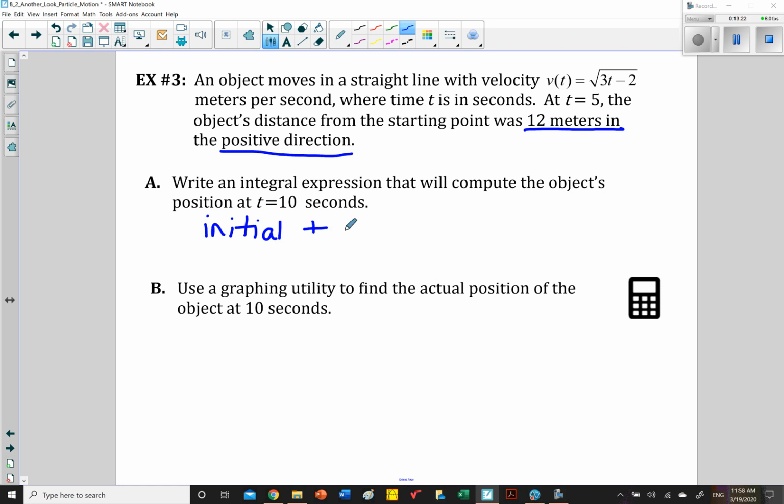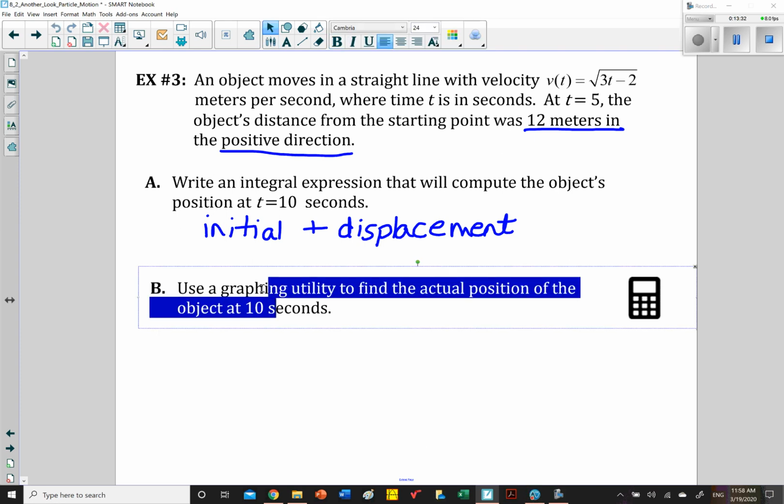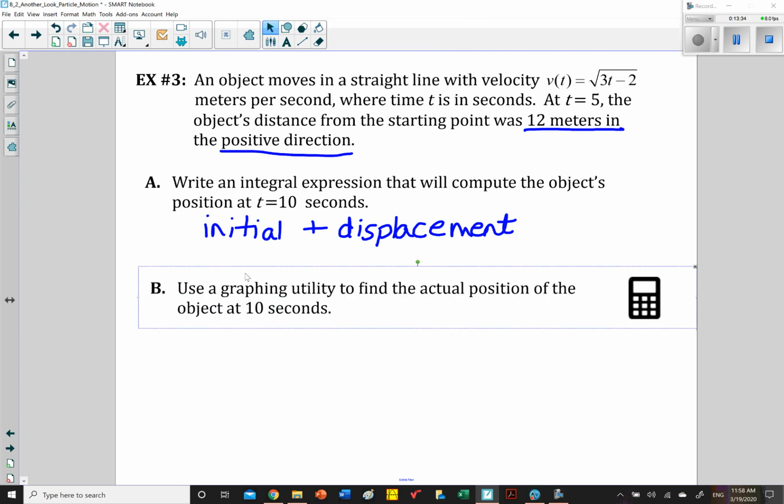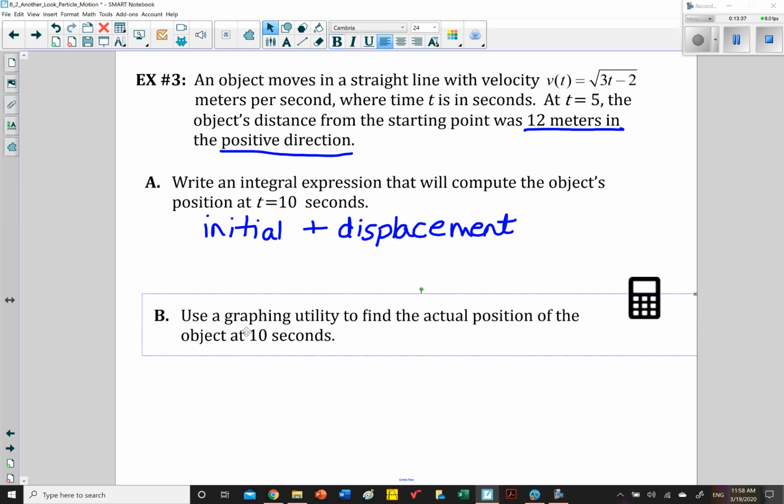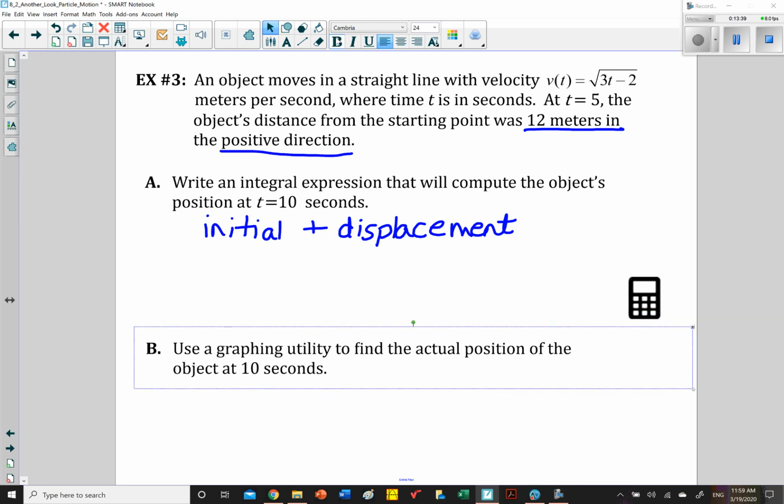So we want initial plus displacement. Initial plus displacement. Can you do that on your own? Initial plus displacement. Can't get that to move. Here we go.